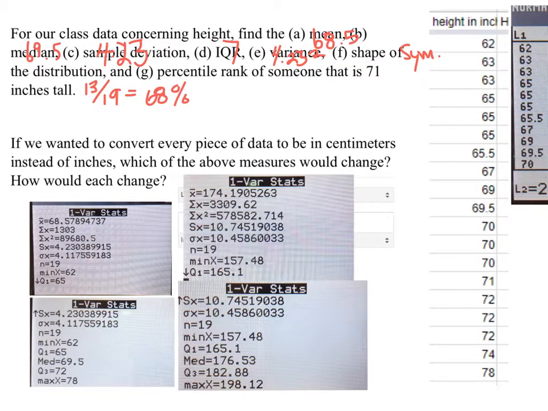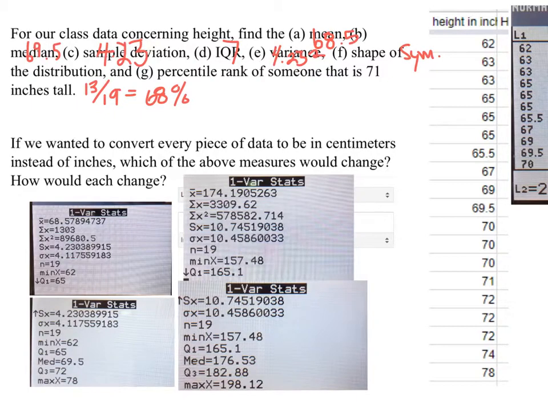The median was 69.5, now it's 176. It was multiplied by 2.54. The deviation was 4.23, now it's 10.74. It was multiplied. The IQR, right, was 7. Now it's 17, so multiplied by 2.54.